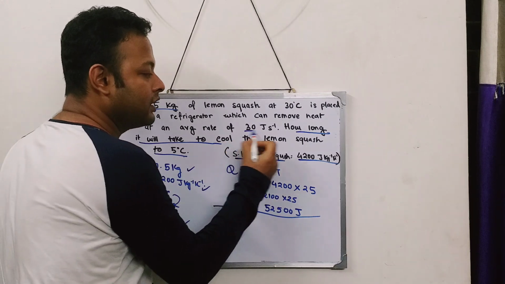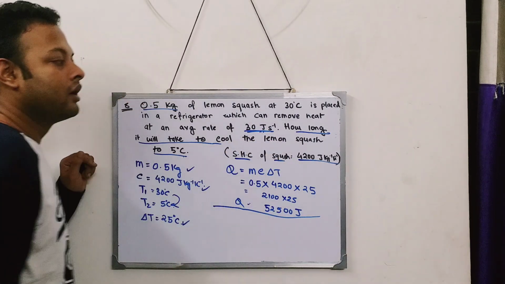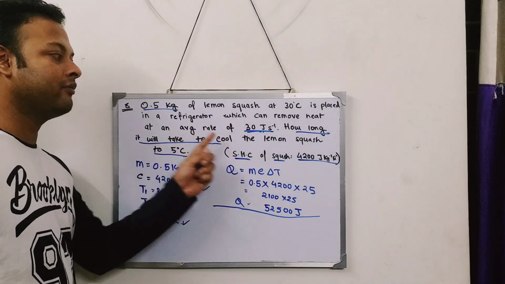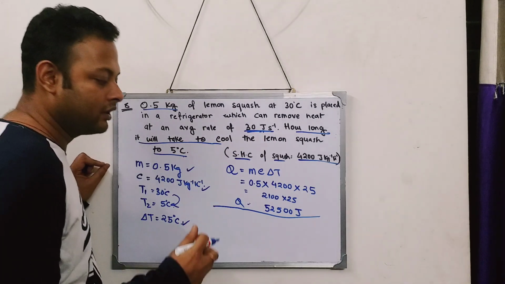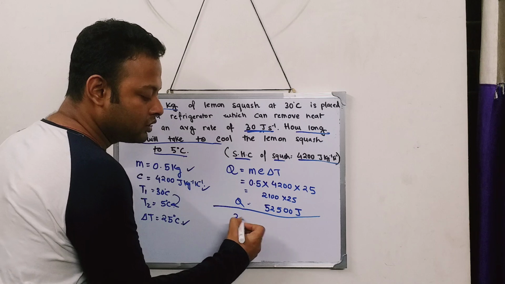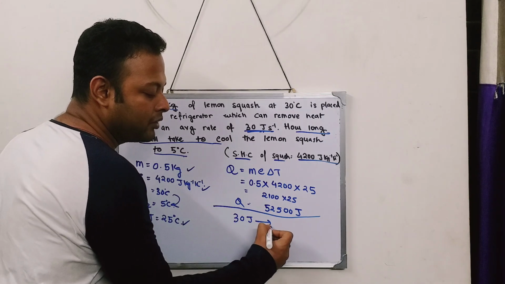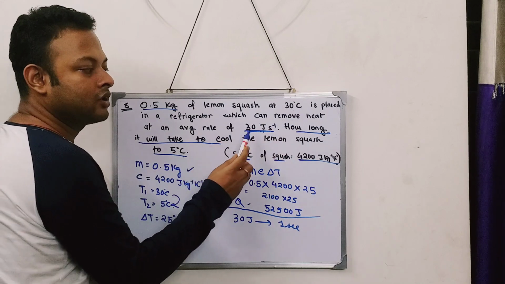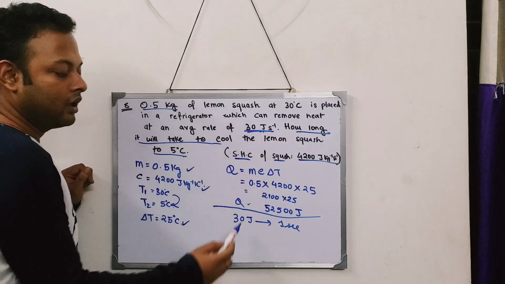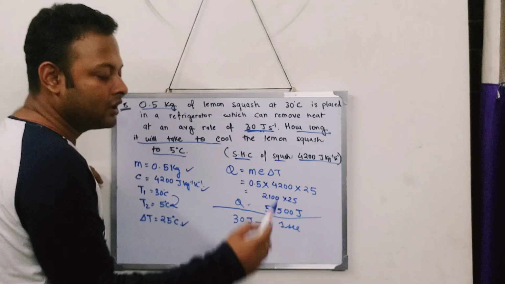Heat can be removed at the average rate of 30 joules per second. Which means 30 joules of heat can be removed in 1 second.